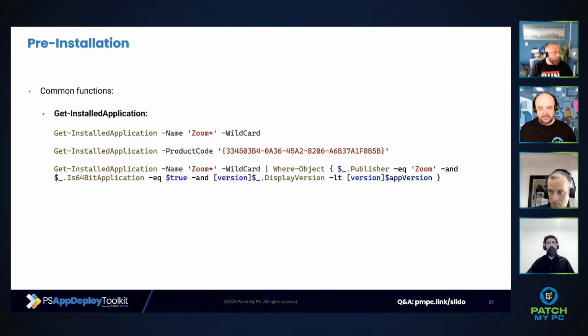You can also get a bit fancy piping it into where object if you want to pull back only the applications where a certain publisher is Zoom. This will make sure that it only filters through that the publisher is Zoom and that it's a 64-bit application and that the version is less than the version that we're trying to install.